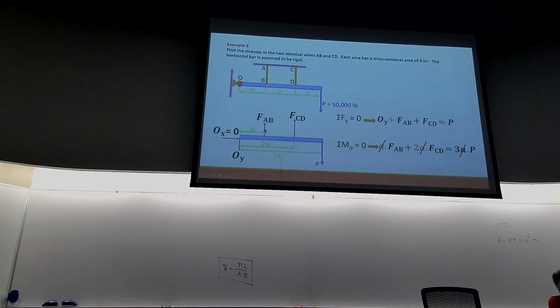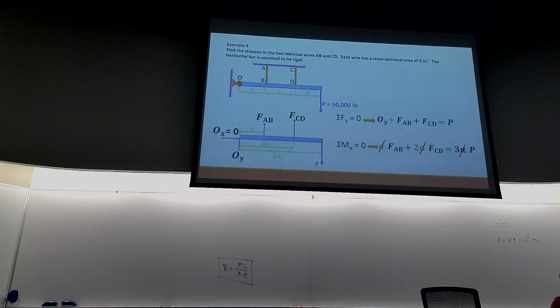So we have FAB times A plus FCD times 2A equals P times 3A. The moment that these forces are going to be counterclockwise or positive, this is going to be clockwise.